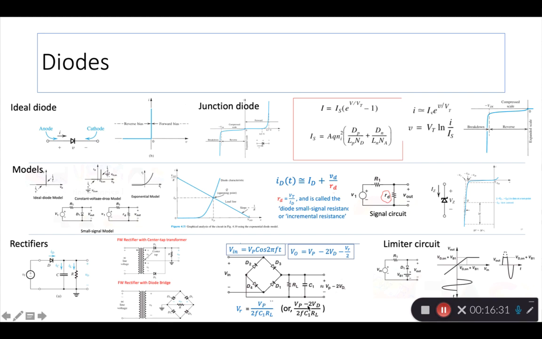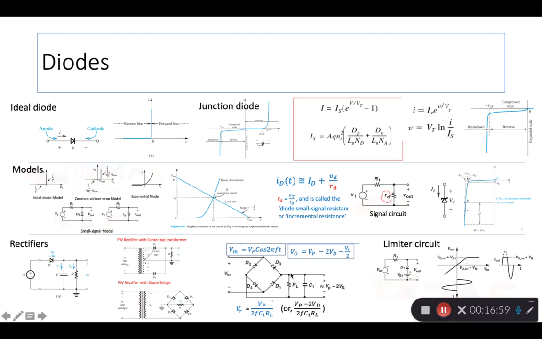But otherwise I advise you always to use this formula for the ripple, because you get a more precise answer, right? Similarly, for the output voltage, you can ignore the ripple and just take this approximation, but do that only if you know that the ripple is very, very small. Otherwise, it's better to use the full voltage expressions, okay?